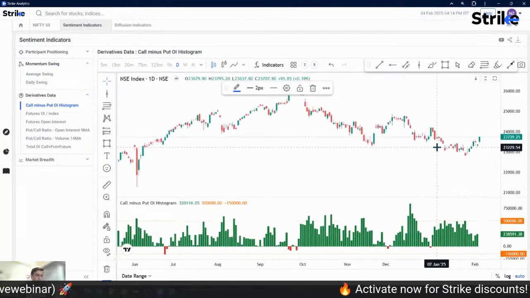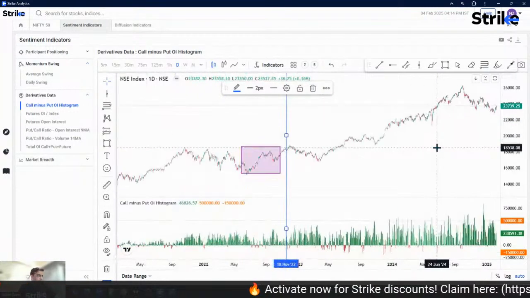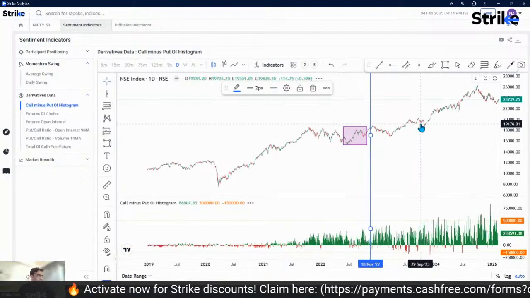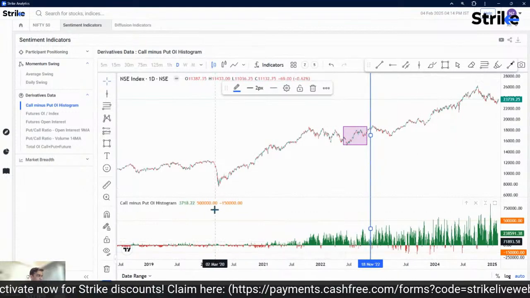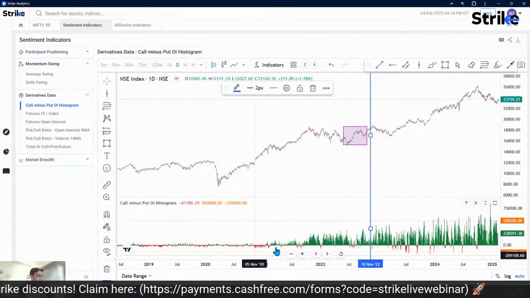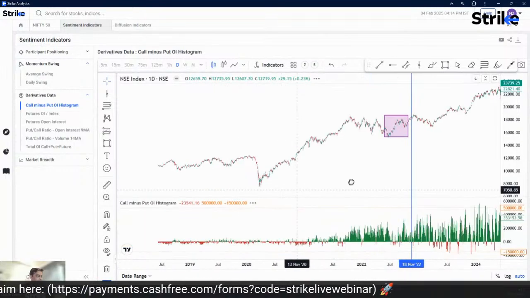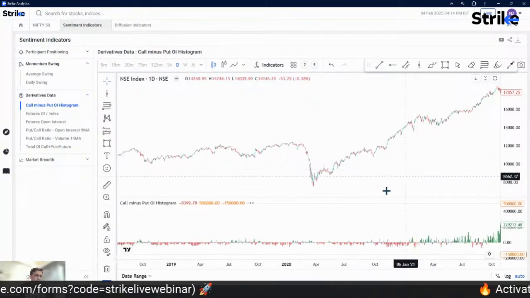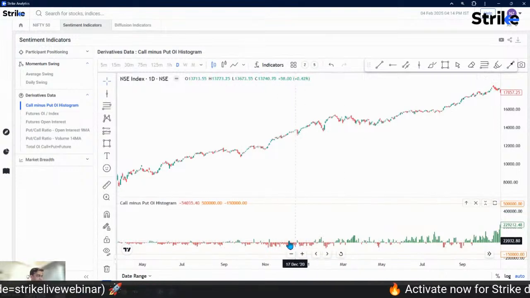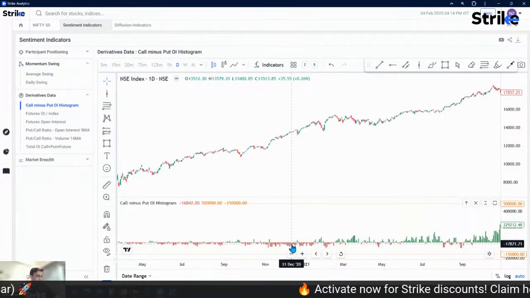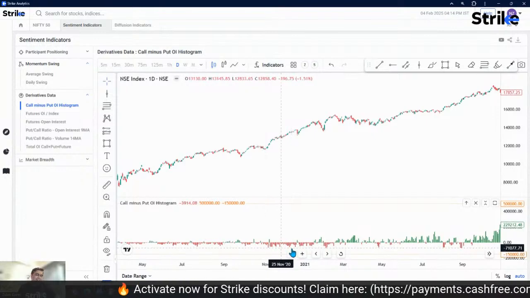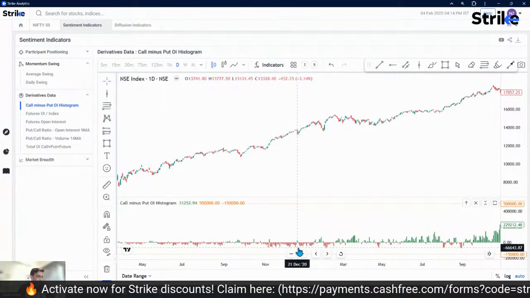Now, there is a kind of a shift that has happened. Before COVID, or after COVID also, for around 2021, you could see that this particular indicator remained on a minus. So put OI was more than the call OI, for quite some time over here.